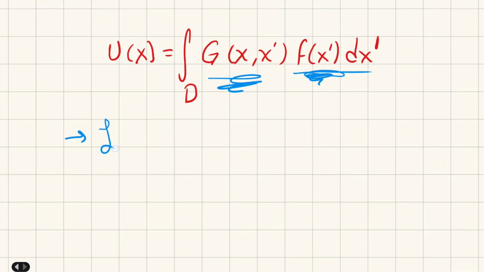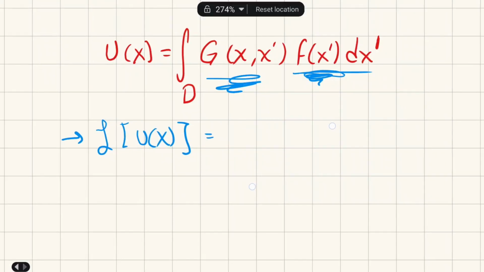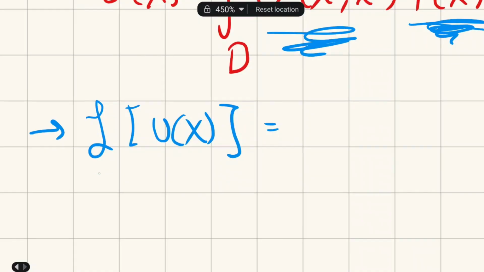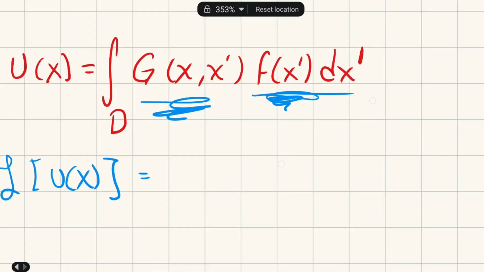We are going to apply L on both sides of the equation to see that we get L applied to u of x. And then notice something. This is a differential operator of the variable x, and this integral is over x prime.